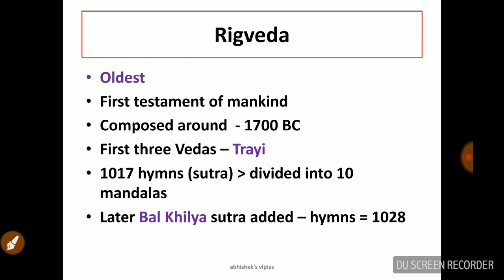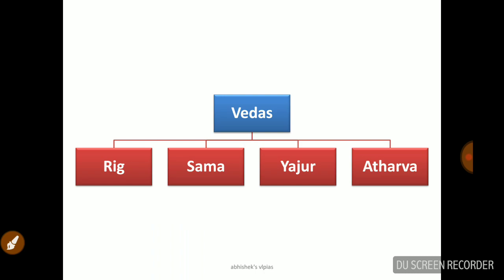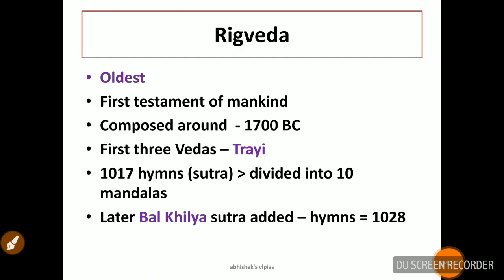The first three Vedas are called the Trayi: Rig Veda, Samaveda, and Yajurveda. There are 1017 hymns, meaning sutras, in the Rig Veda, and these are divided into 10 mandalas.